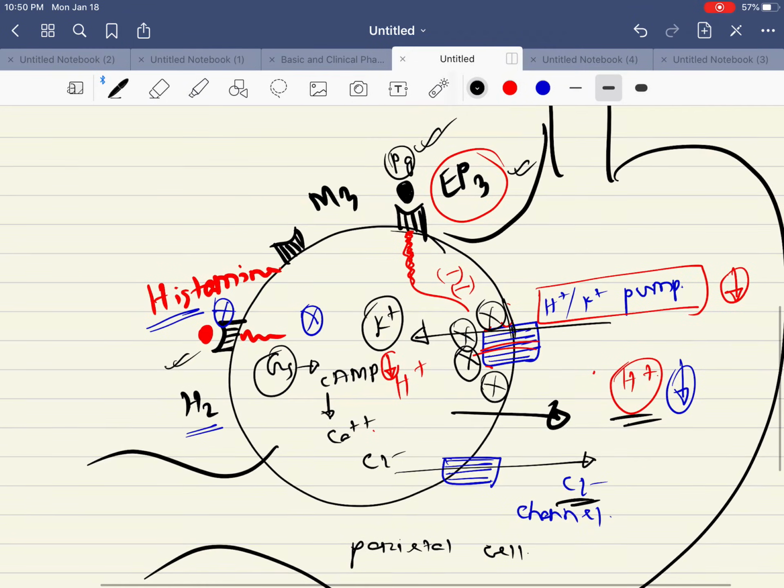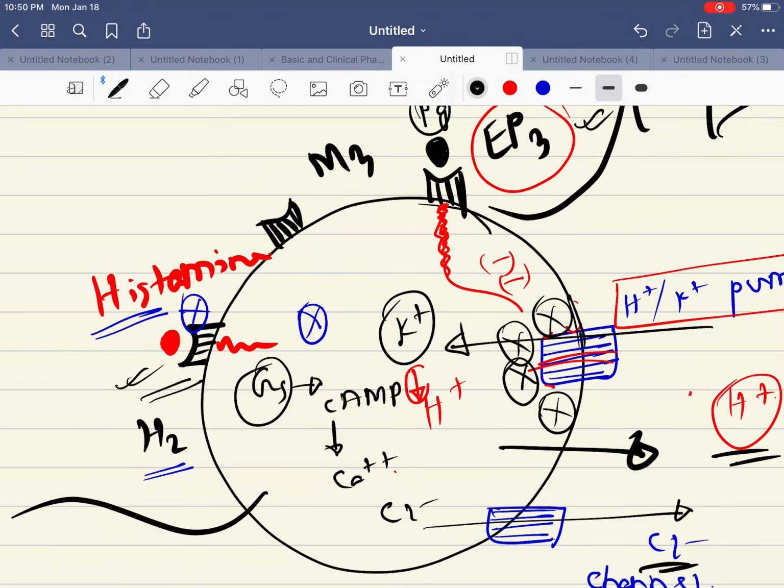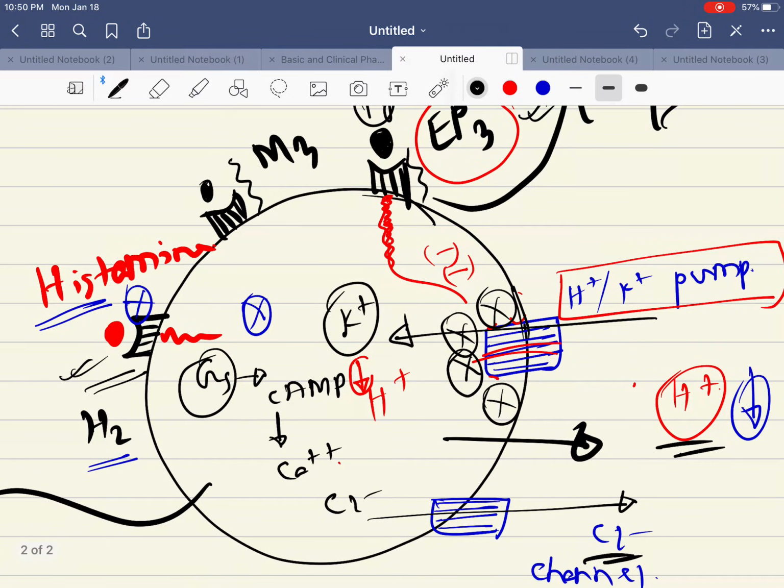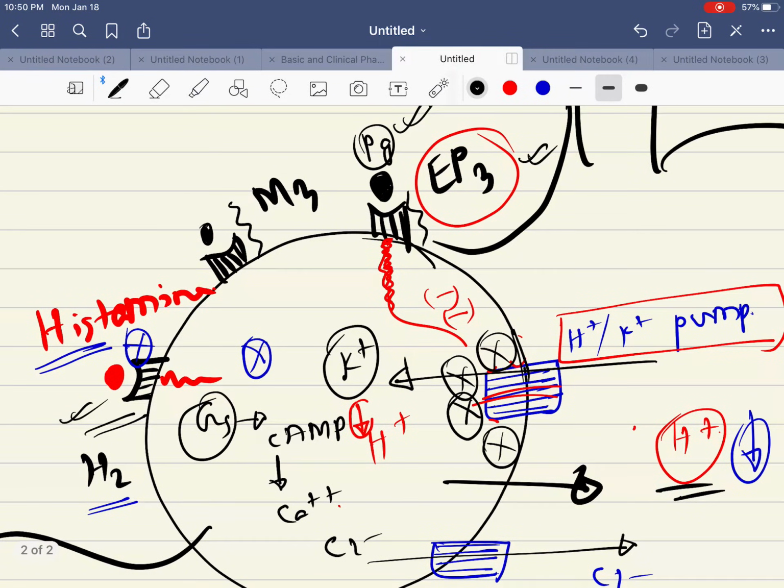Whether histamine binds with this receptor, or acetylcholine binds with these receptors, or prostaglandin binds or doesn't bind, all of these receptors show their effect by activating this proton pump. So I just close the proton pump.